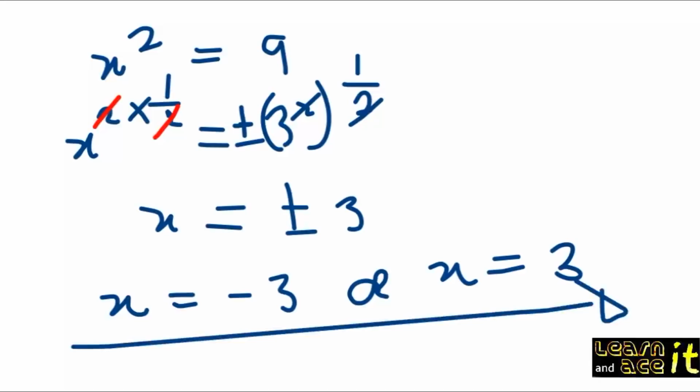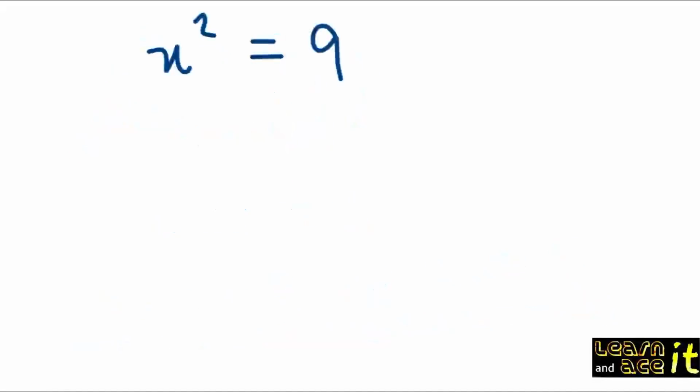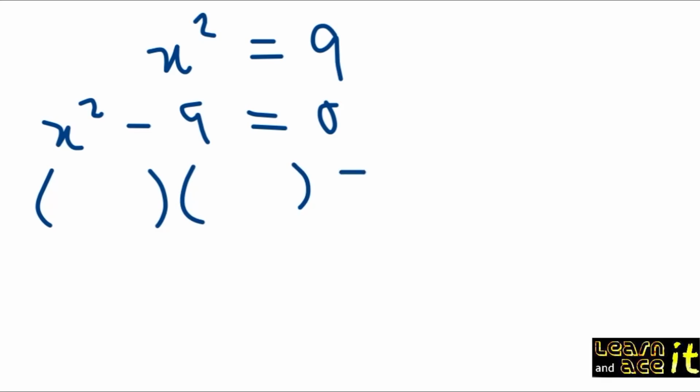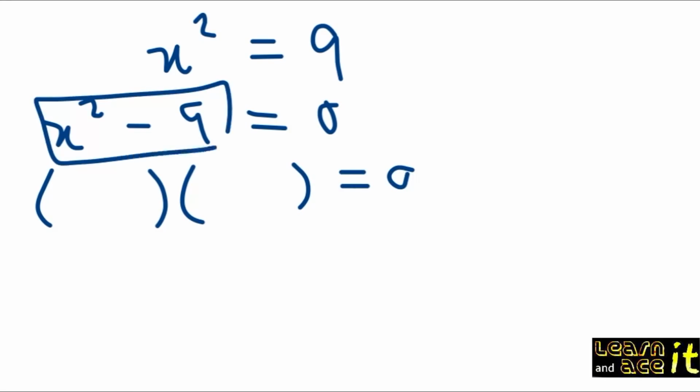Okay, now for those of you who may be confused as to why all of a sudden we get 2 solutions, where all along we've been getting 1 solution for each problem, well, here's why. If we really had this problem right here, what we could do in order to solve it, we could transpose 9 to the left hand side of the equation. That will leave us with x squared minus 9 equal to 0. And then from here we can factorize this equation because we have the difference of 2 squares.